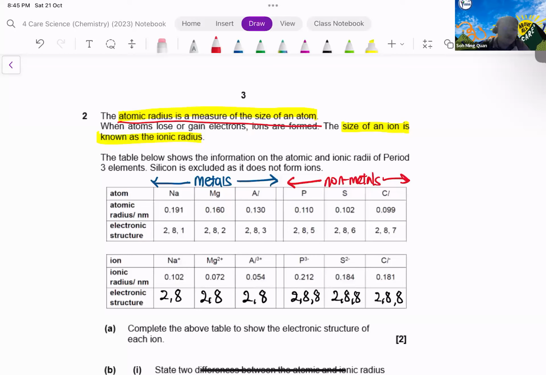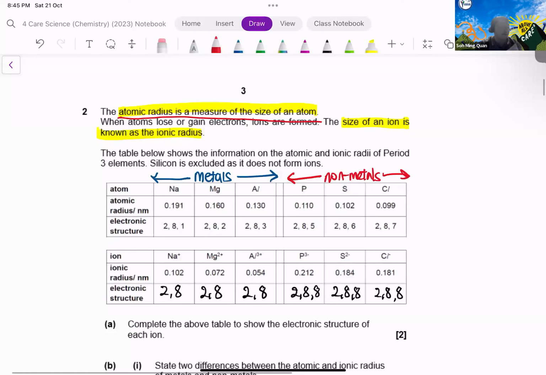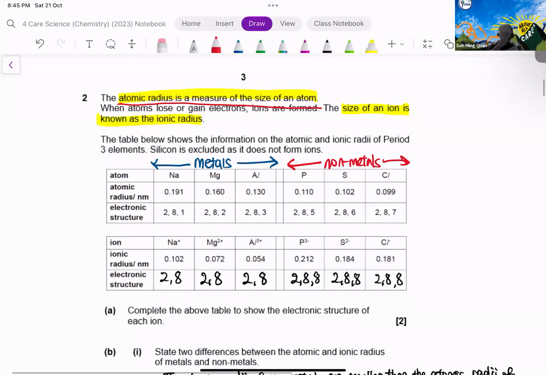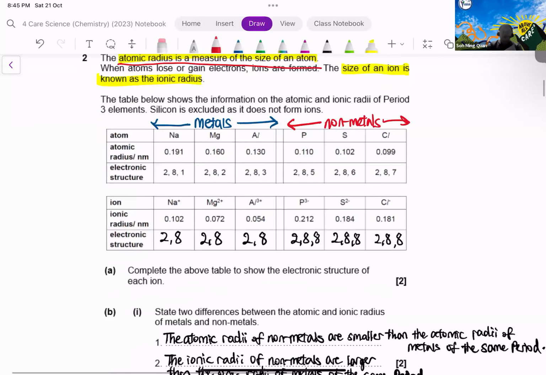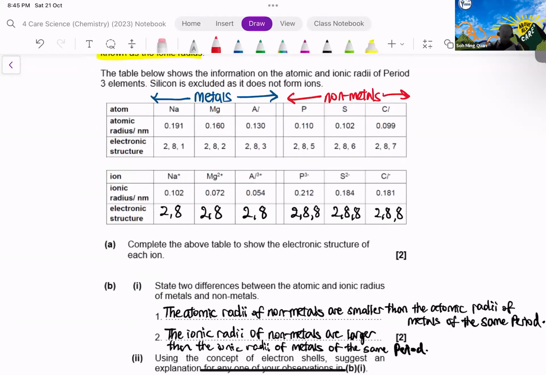Okay, now the next question, B part 1. You are asked to state two differences between the atomic and ionic radius of the metals and non-metals. I think this is quite clear-cut. If you just look at atomic radii, the ionic radii of the non-metals will be larger.